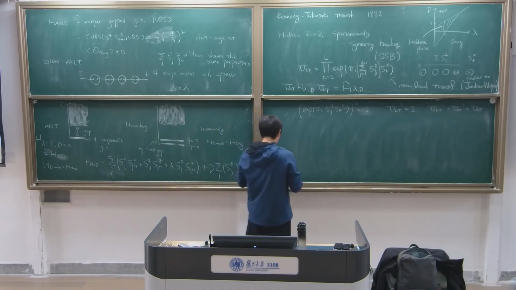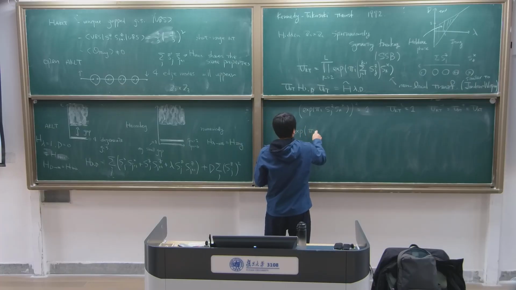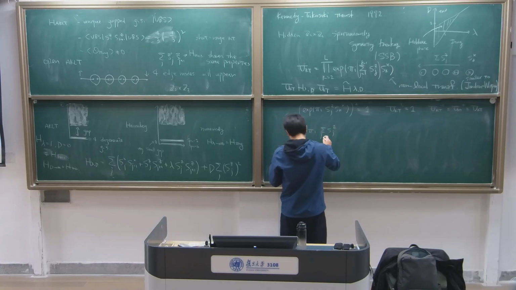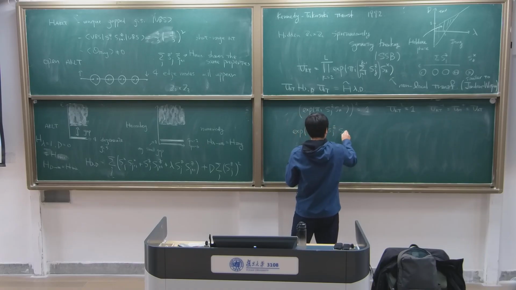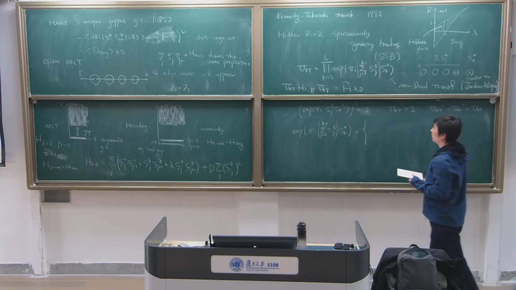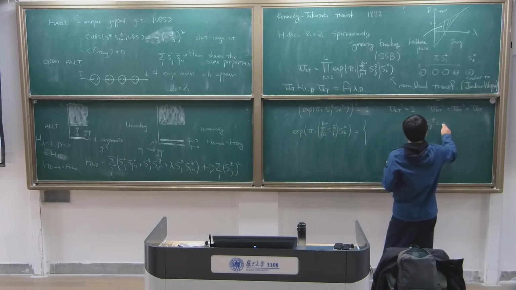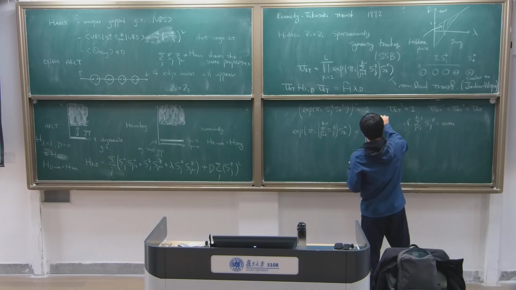And then also the exponential of... so if time of n minus 1 is given, so this is always the unit matrix.